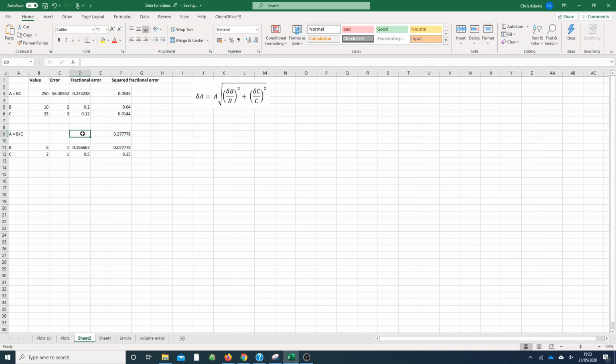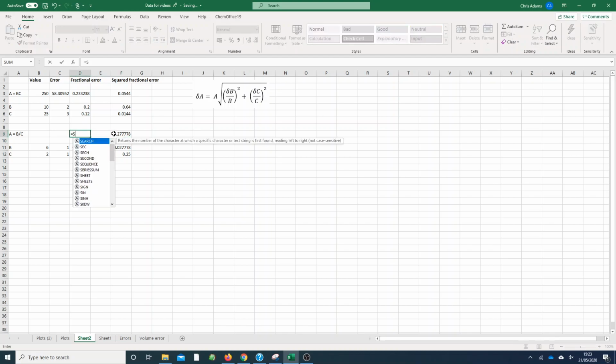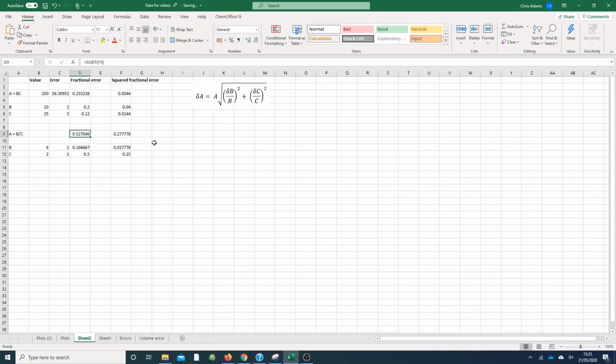So the fractional error in A equals the square root of that. The value of A is 6 divided by 2, which is 3. So the absolute error is the value times the fractional error.